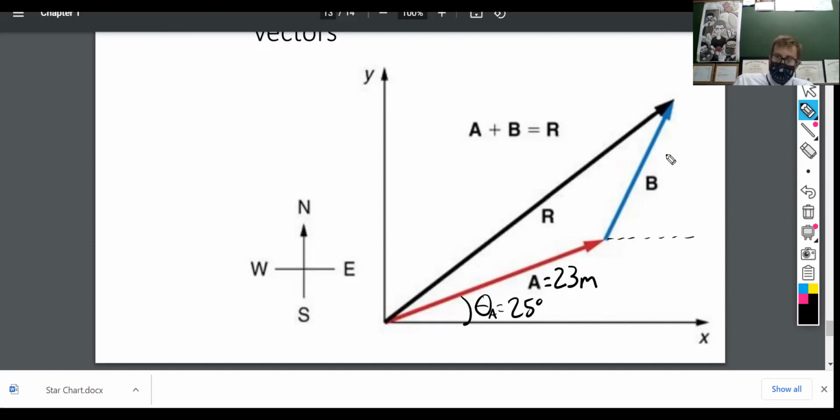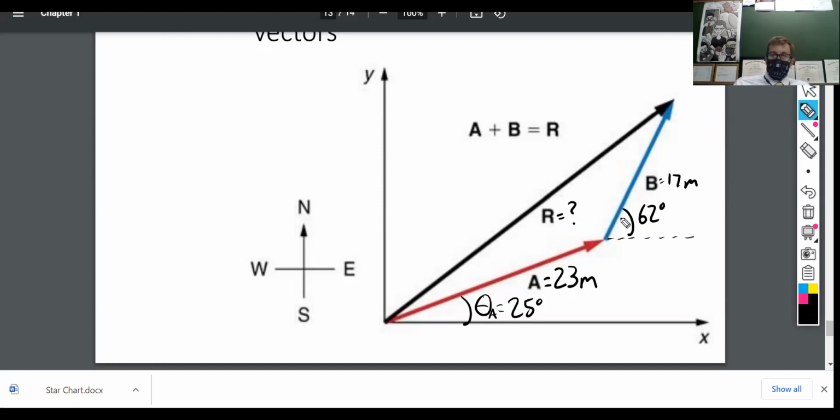Vector V over here, well, that's 17 meters, and its angle is more like 62 degrees relative to the horizontal this way. What is the value of the resultant displacement? Let's work through that together.